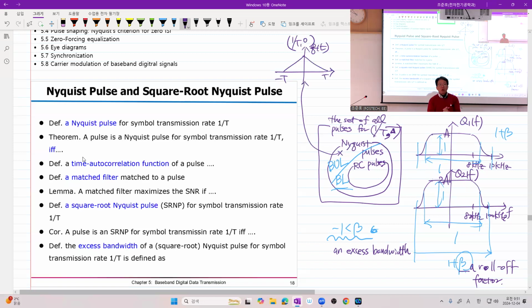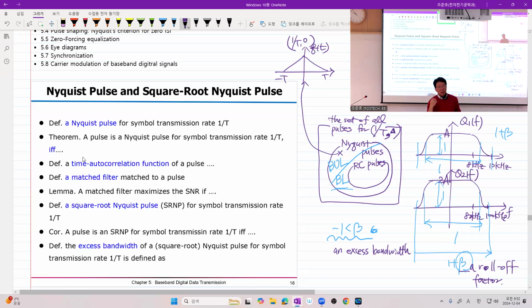Bandwidth is also defined in many different ways. I'm talking here about strict sense bandwidth. So you may find some finite number plus minus W, and outside of this interval, you have zero energy.